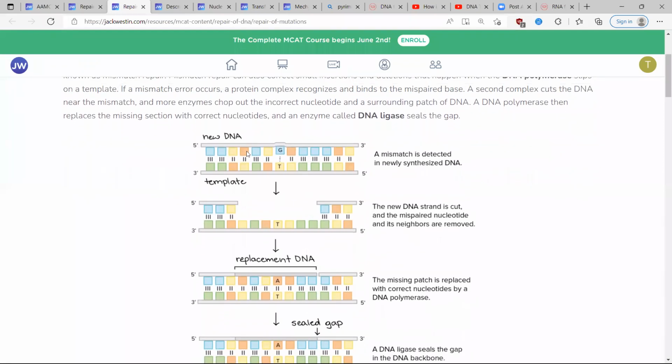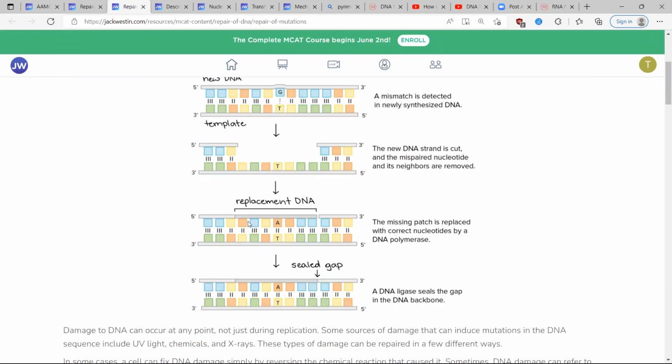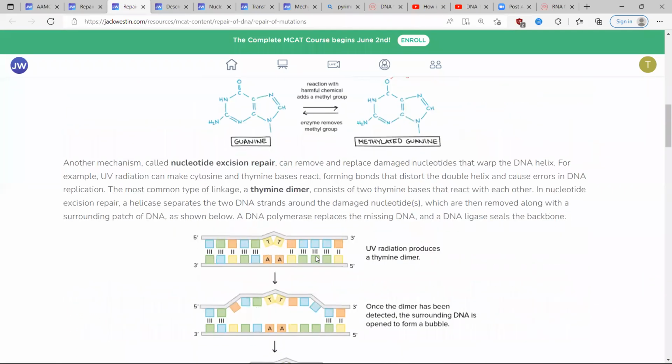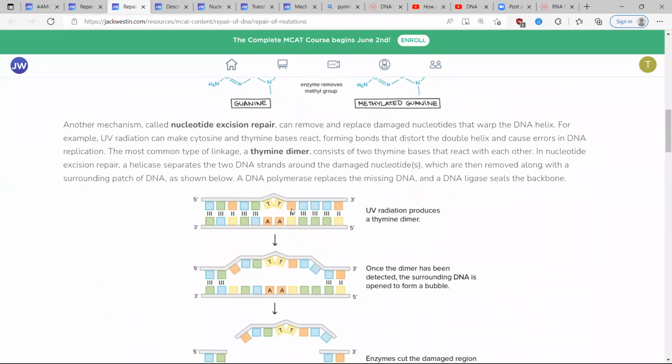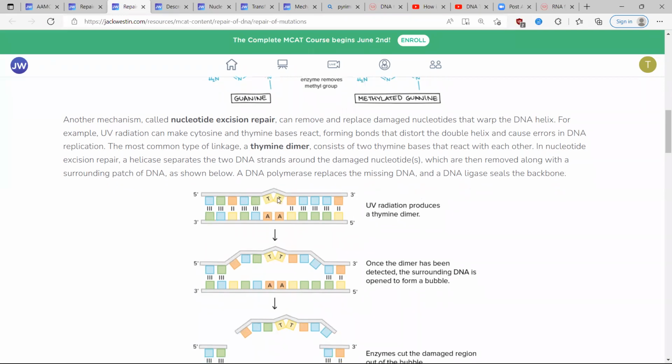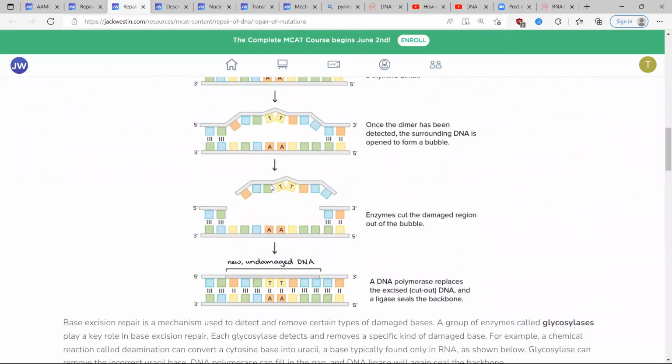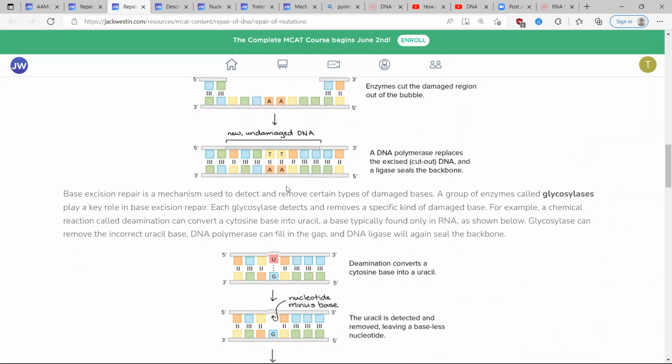We have mismatch repair, where we see that this is messed up, take the whole chunk out, replace it, and we're good to go. Then we also have something for when there's a thymine dimer, which is linked to UV radiation. When we have a thymine dimer, we can do nucleotide excision repair. It's basically the same thing, but specifically for thymine dimers.